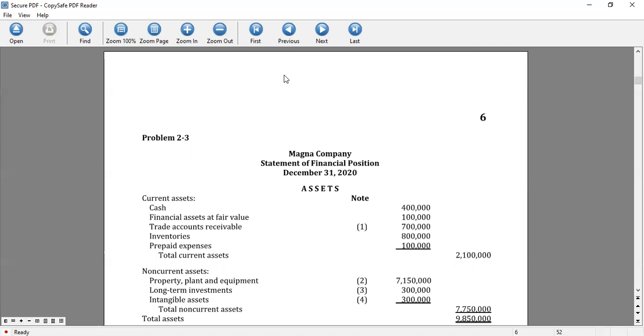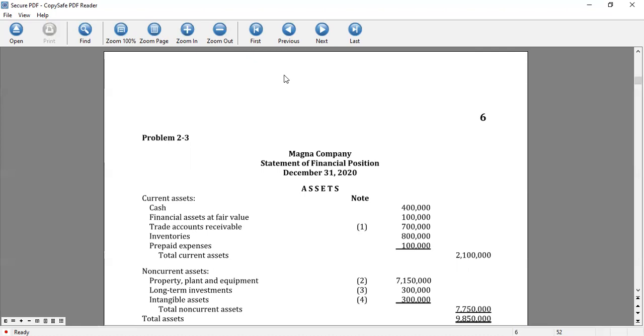Actually, this is a current investment in securities, and it is short term, 100,000. We have the trade accounts receivable. Initially, accounts receivable 750,000 minus the allowance of 50,000.